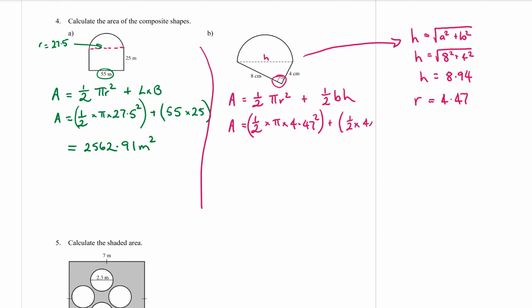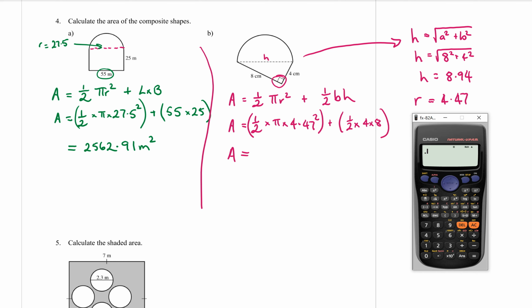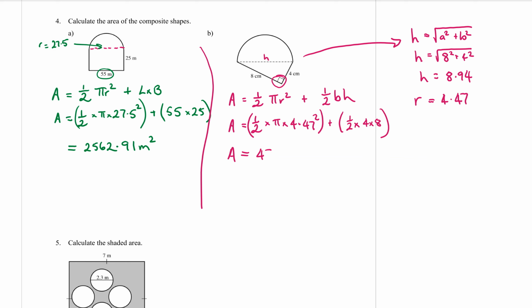So half times 4 times 8. And calculate. So half times pi times 4.47 squared plus half times 4 times 8. It's 47.39 centimeters squared.